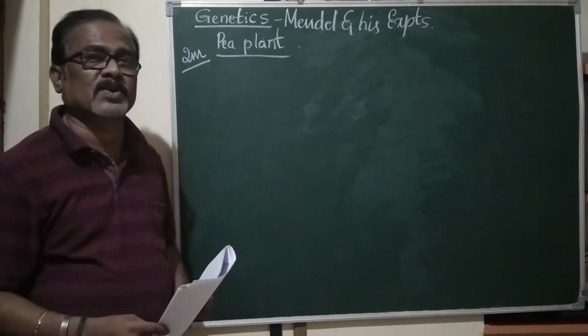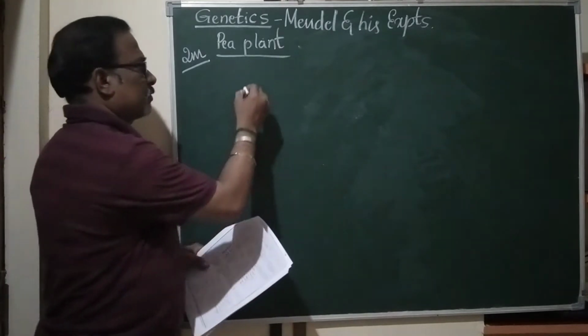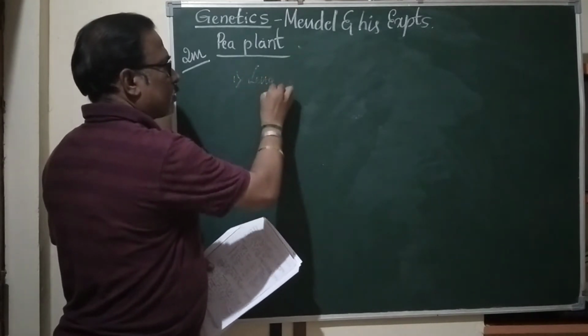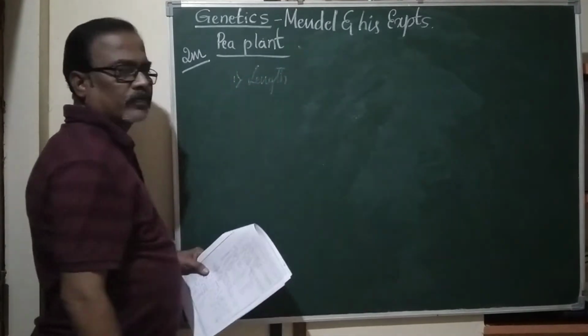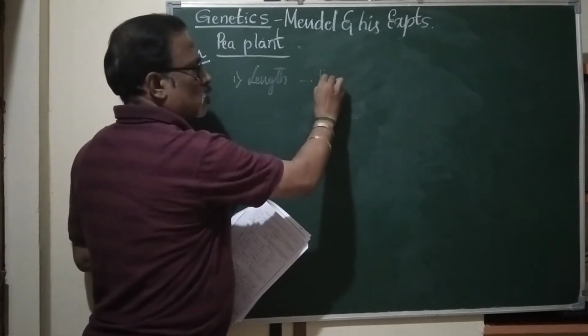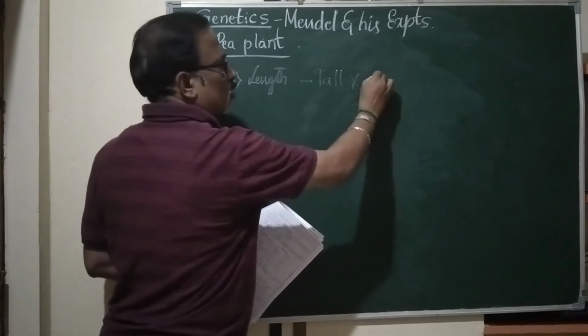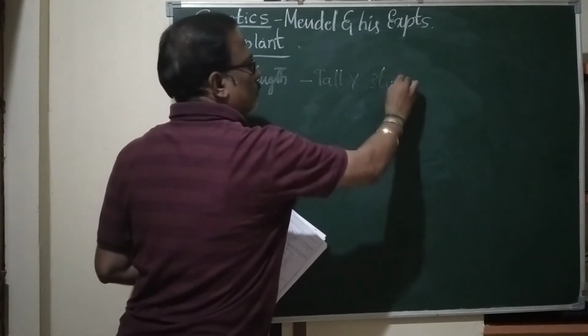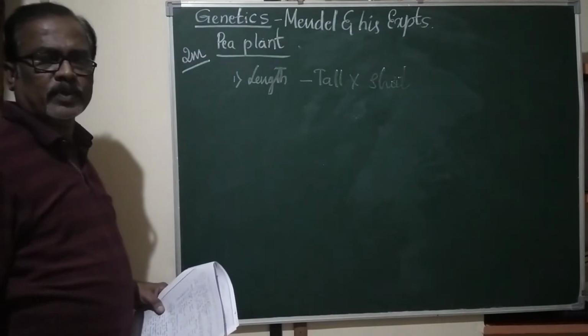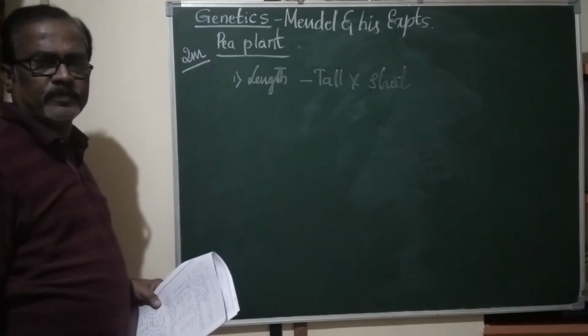Those 7 pairs of contrasting characters are: first one, length of the plant, in which tall is dominant over short or dwarf.